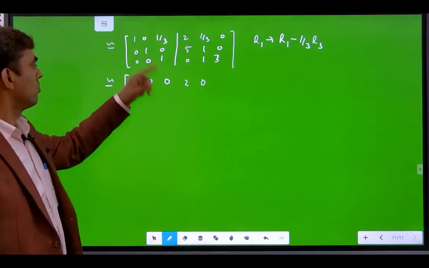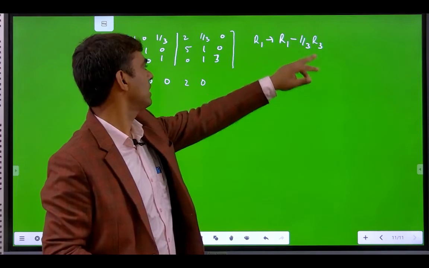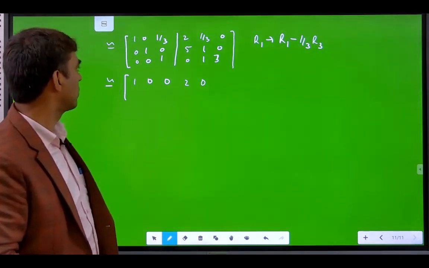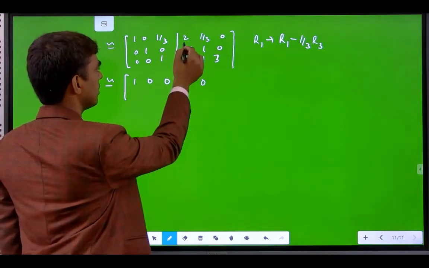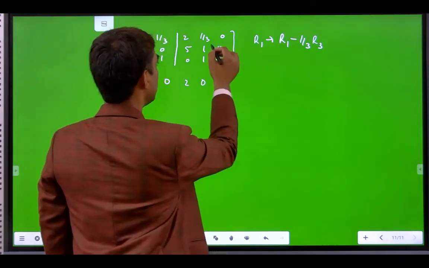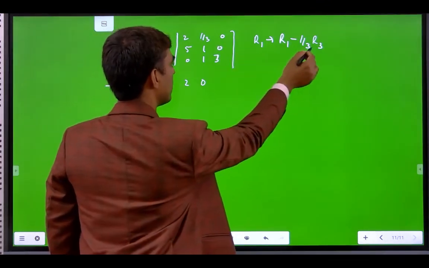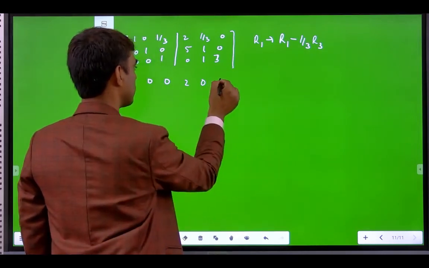So 0. So when we perform this operation, R1 minus 1 by 3 R3, this becomes 1 0 0, 1 by 3, this becomes 2, this becomes 0, and this becomes R1 0 minus 1 by 3 R3. So this becomes 3, and 3, this becomes minus 1.